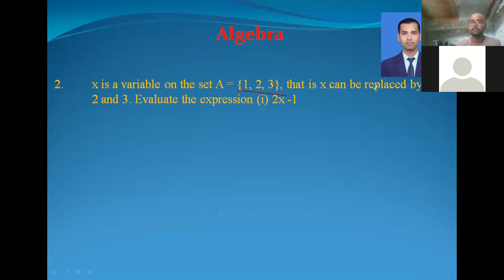That is, x can be replaced by 1, 2 and 3, and we need to replace x with its values 1, 2 and 3 in the expression 2x plus 1.